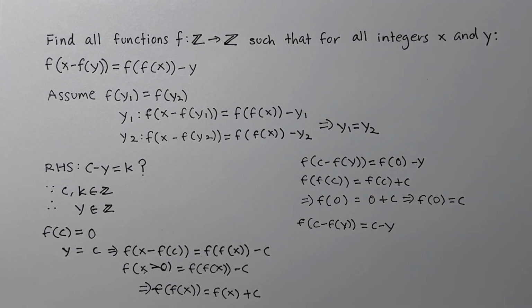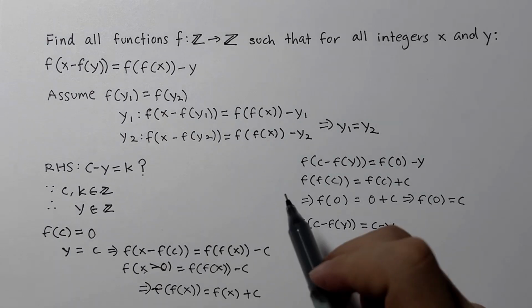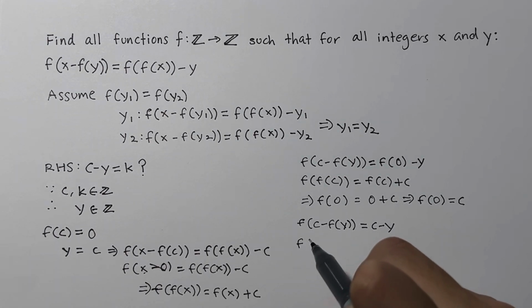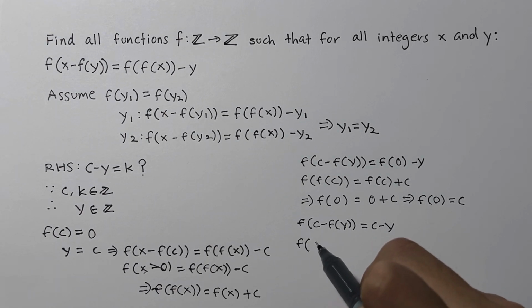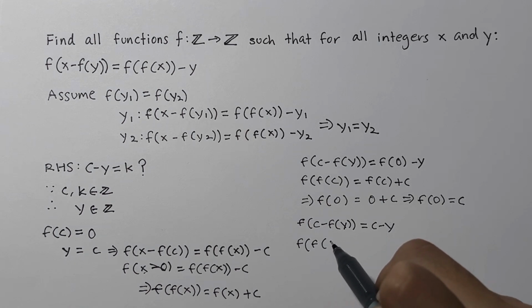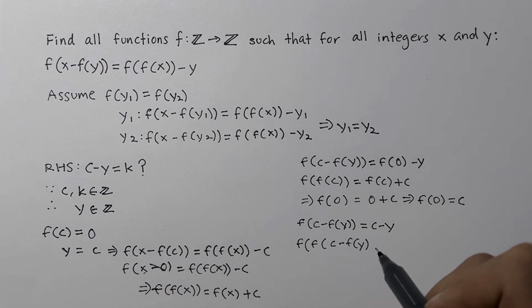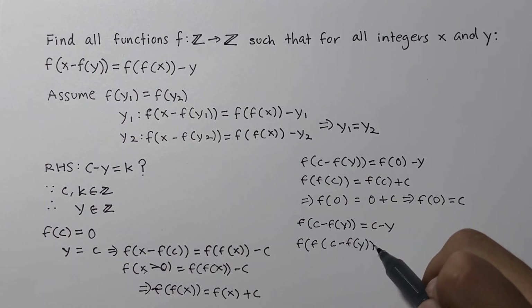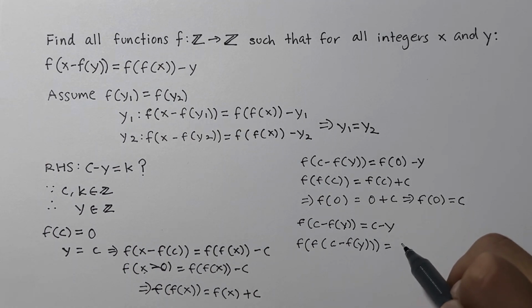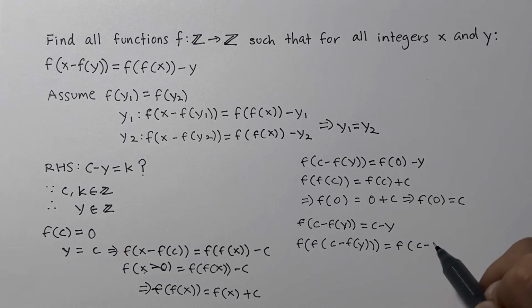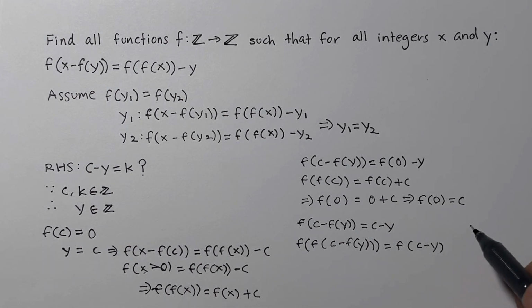This is the final piece of the puzzle. We can apply the function f to both sides. So we'll have f of c minus f of y. Be careful with the parentheses here. Equals f of c minus y.